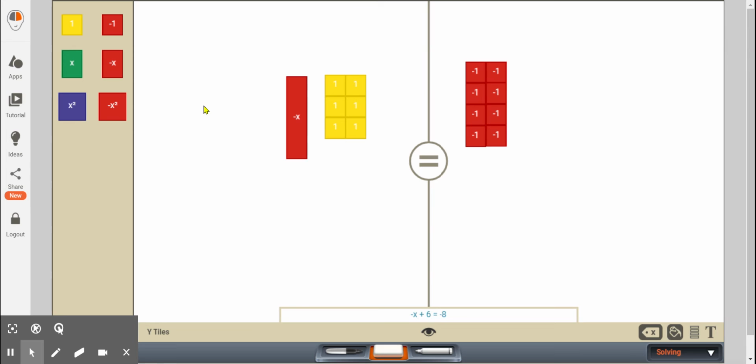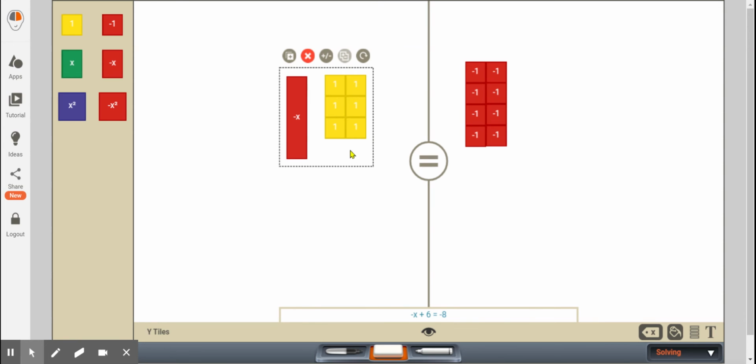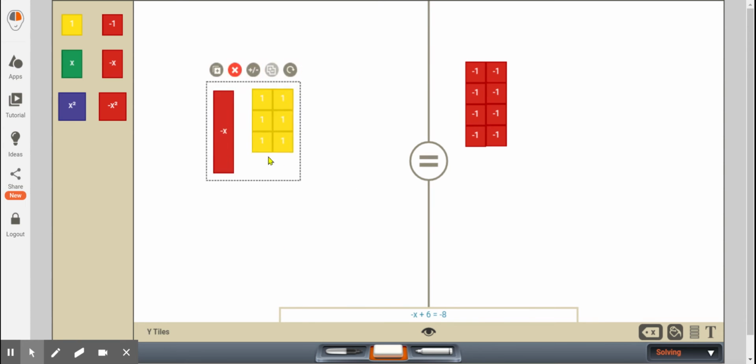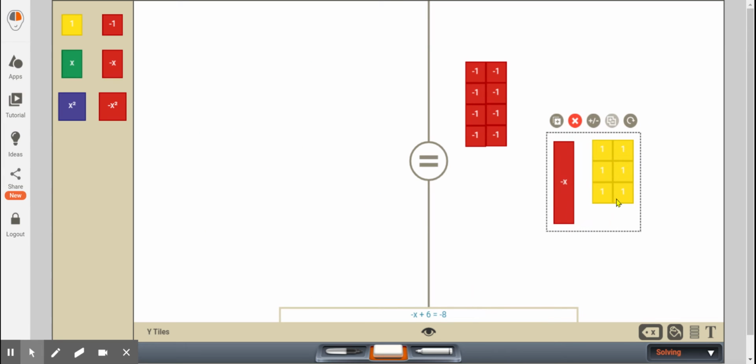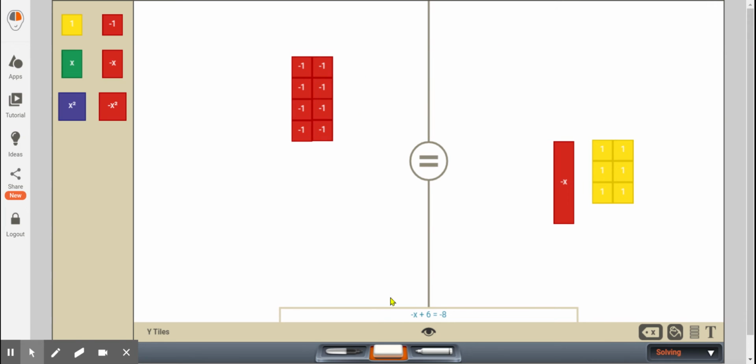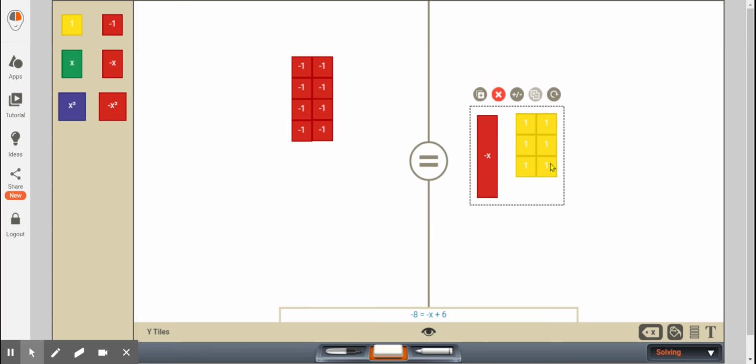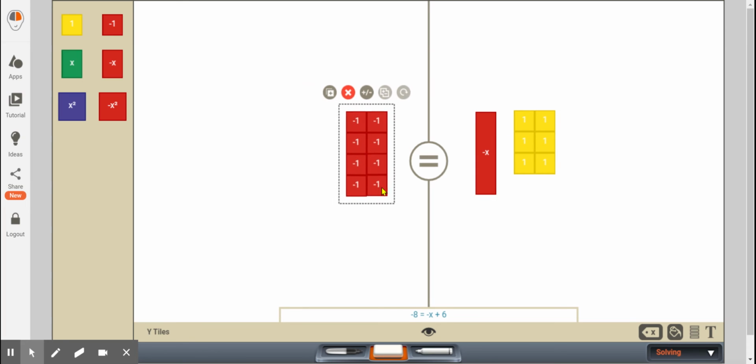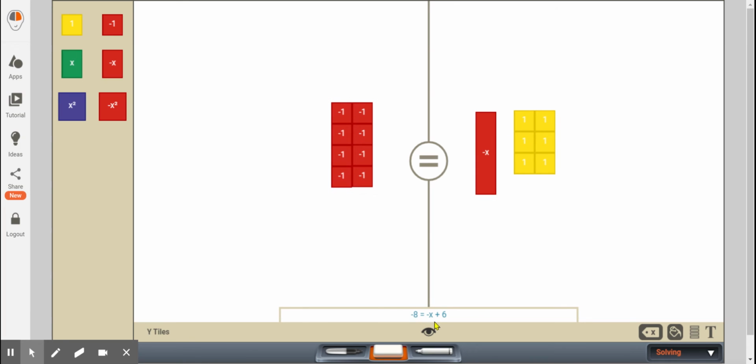Okay, now, before I clear all this, I wanted to show something here. So if we move all of this to the right side, and then we move all of this to the left side, all right, now notice we have negative 8 is equal to negative x plus 6.